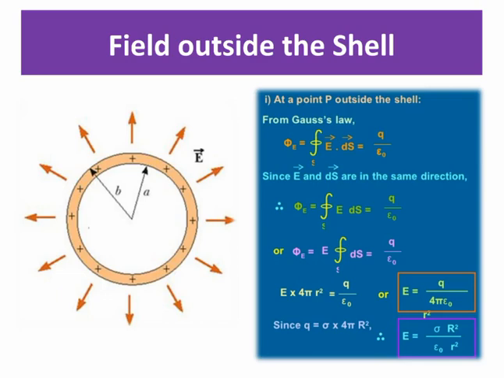Dear students, we will get E equal to Q divided by 4 pi epsilon naught r squared, since Q equals sigma into 4 pi R squared. So we can modify the electric field to E equal to sigma R squared divided by epsilon naught r squared.